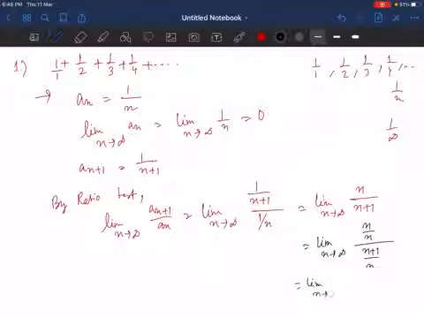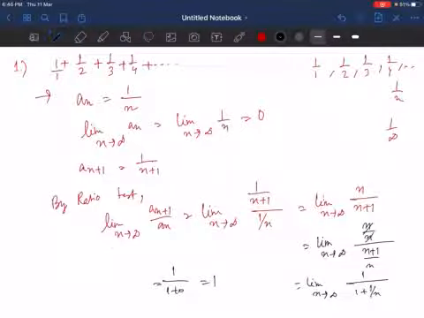So what we are getting: limit n tends to infinity of 1 divided by, in the denominator, 1 plus 1 by n if I separate. This 1 by n becomes 0 if I put n as infinity. So we have 1 divided by 1 plus 0, so the answer is 1.